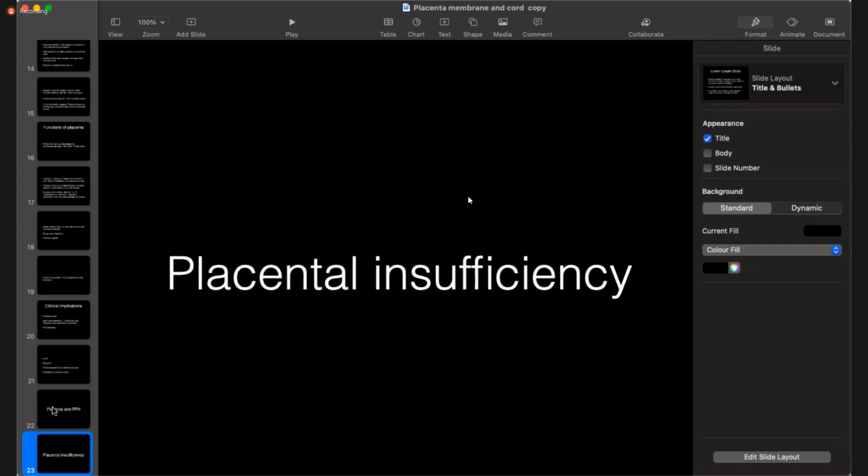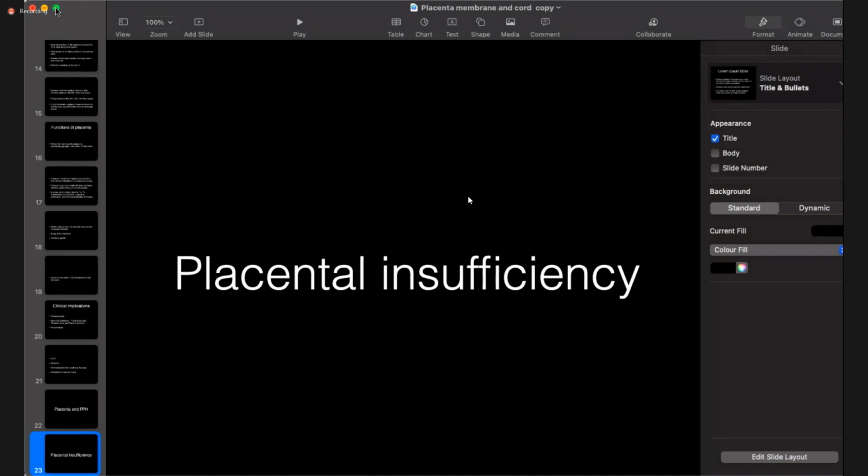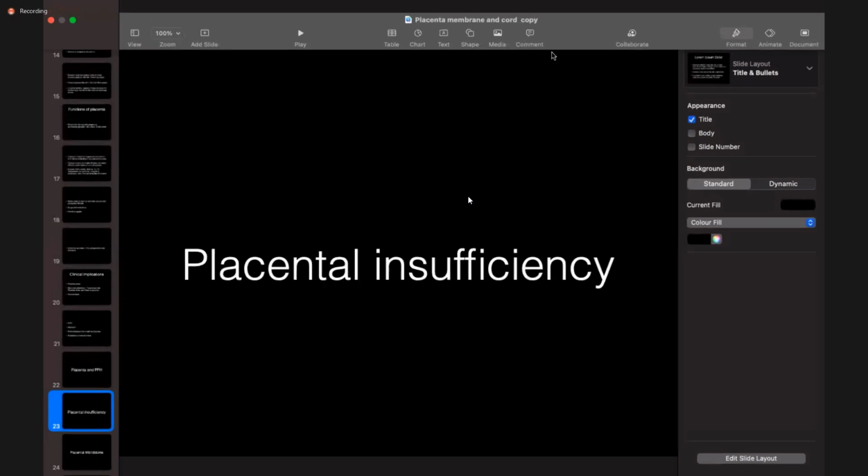And the other problem is sometimes they can end up in placental abruption. Placenta also separates prematurely, leading to IUD. If you don't act fast, that will lead to IUD, placental abruption.